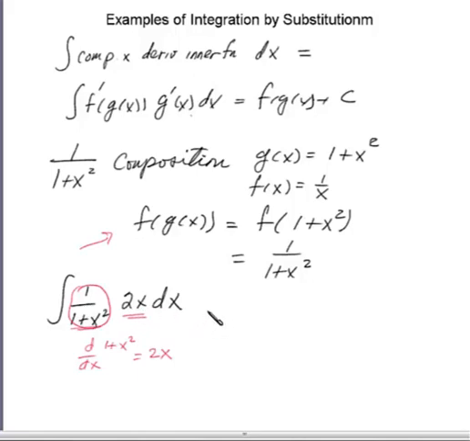So here's the technique of substitution. We want to let u equal that inner function. And in this case, that's 1 plus x squared. Then if u is that inner function, 1 plus x squared, du would be, and here I want the differential, so that's going to be 2x dx. Now look back to the function that we're integrating.